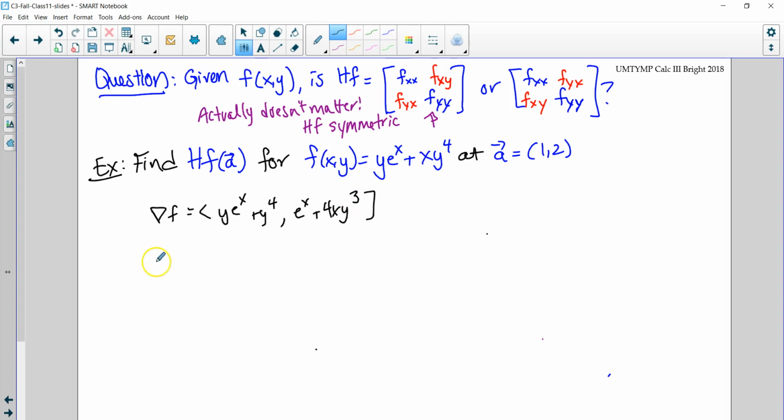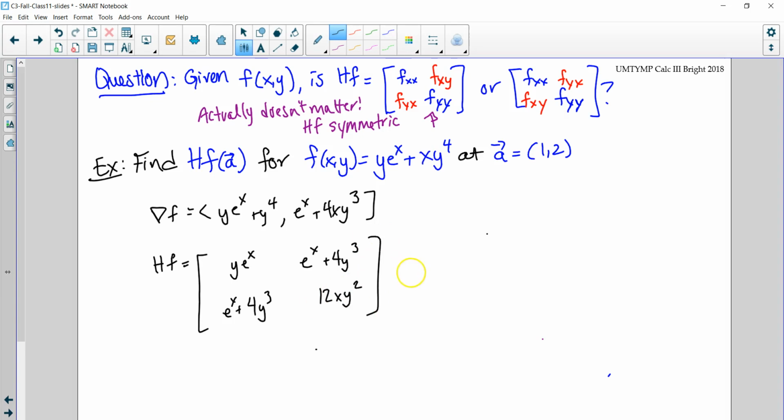Okay, and then doing the Hessian of all this, this is going to be another 2 by 2, and I'm just going to get y e to the x, and then e to the x plus 4y to the third, and then e to the x plus 4y to the third, and then 12xy squared.